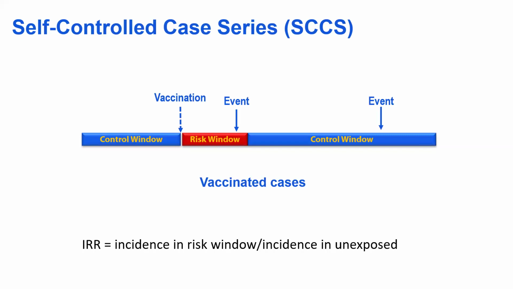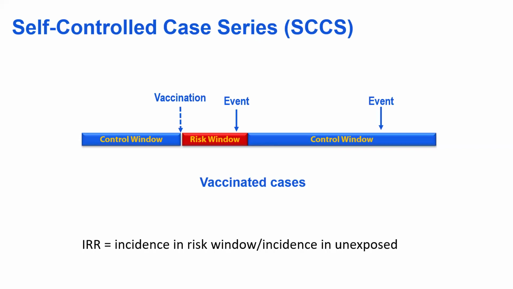And because time periods within cases are being compared, it implicitly controls for unmeasured fixed confounding variables, meaning variables that do not change over time. And because it's a case-only analysis, the sample size is a small fraction of the entire cohort. And it's been shown that the SCCS is about as powerful as the entire cohort when the event is rare and the risk is high.